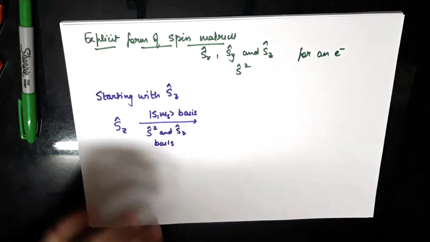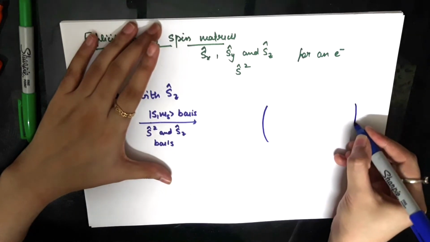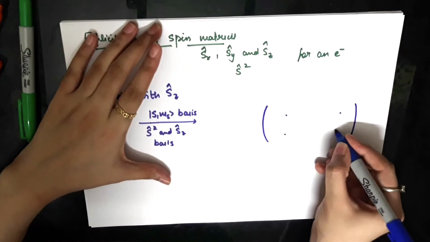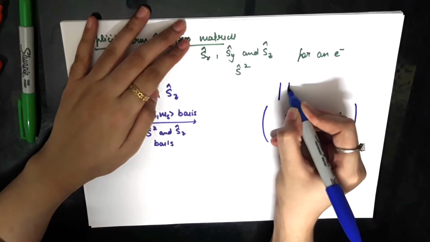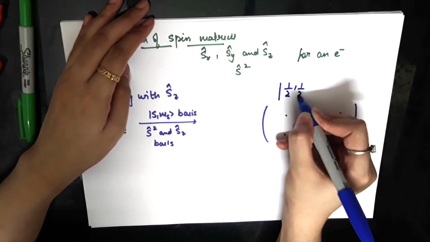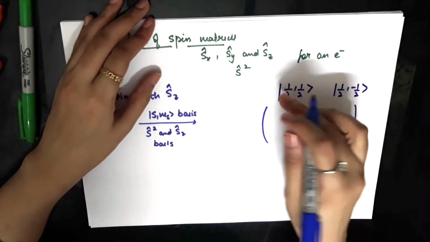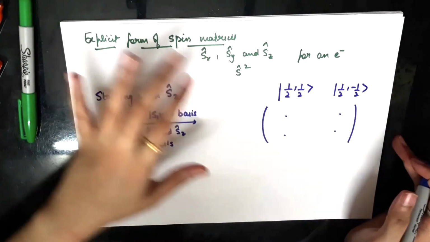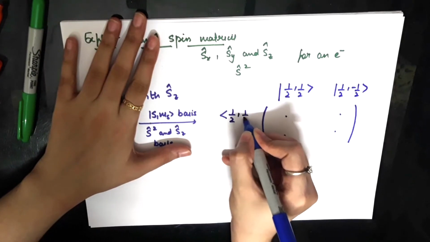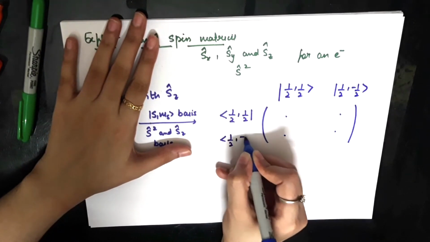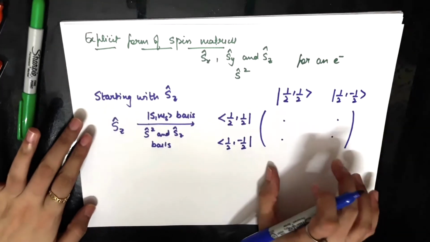For the electron this is going to be a 2 by 2 matrix, so there will be these 4 entries, written in the basis for the electron, which reads half plus half, half minus half. These are the column indices, and for rows these would be used as a bra. So this is the basis in which we are going to write these matrices.